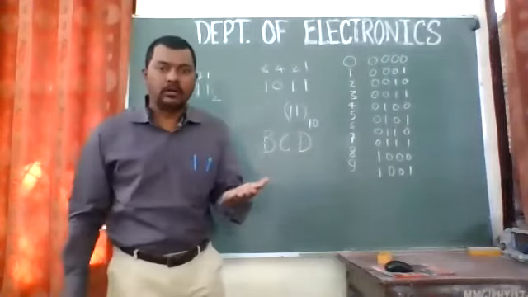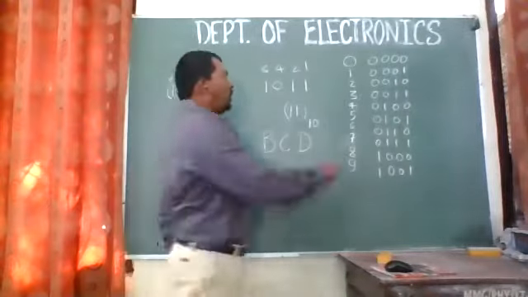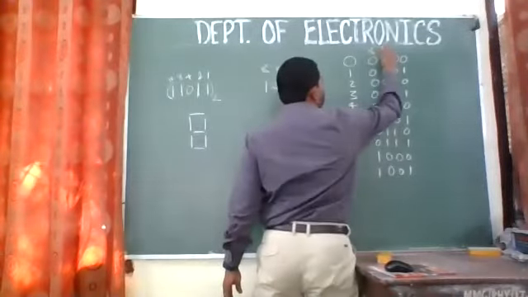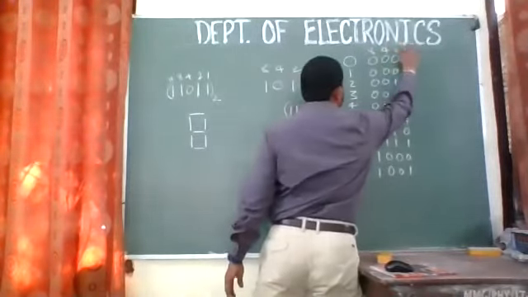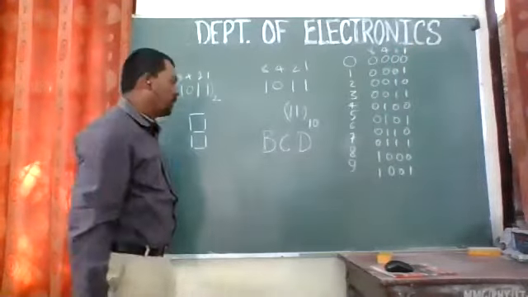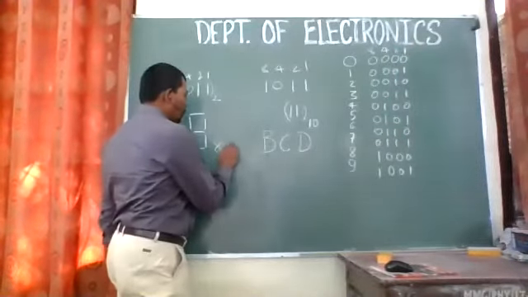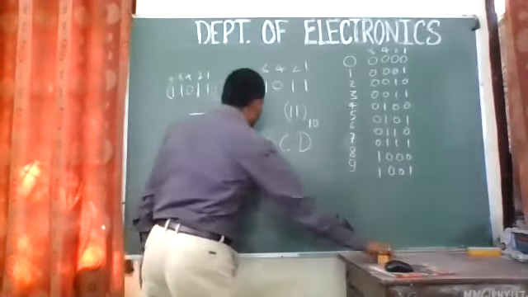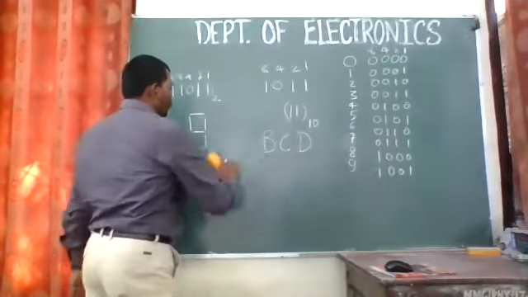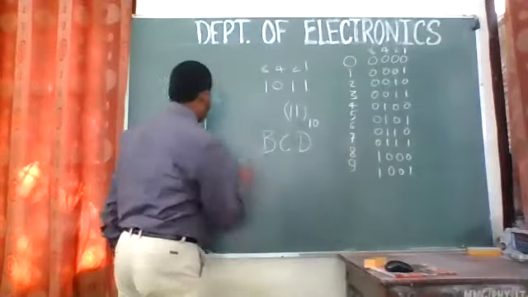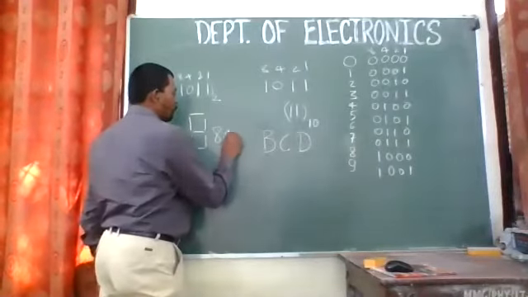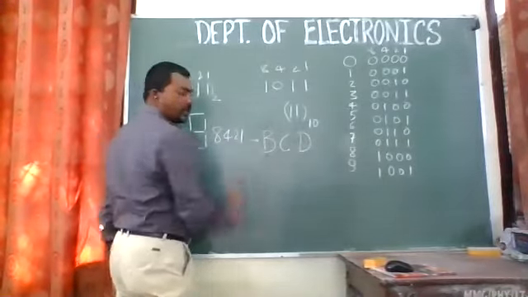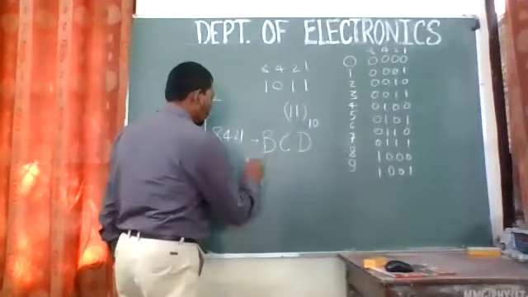And going beyond that, we call this the weightage values of it, that is 8421. So we call these 8421 BCD codes, right?